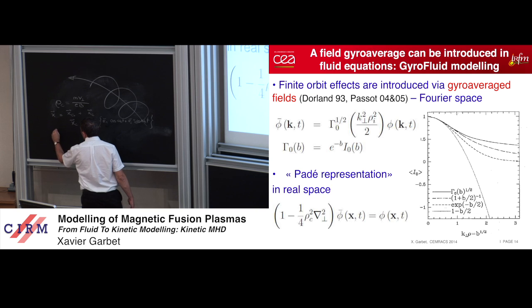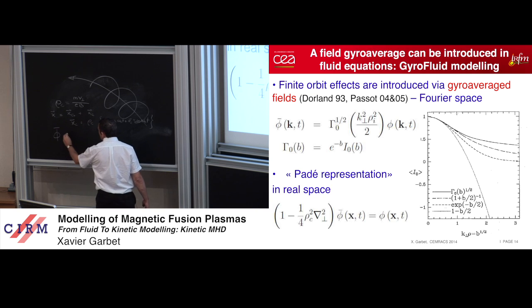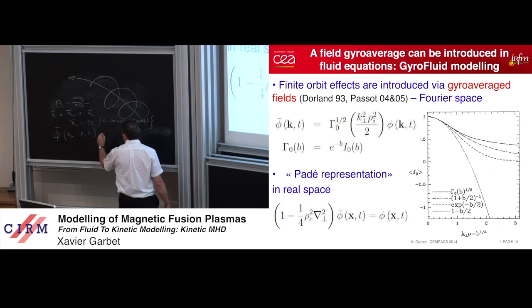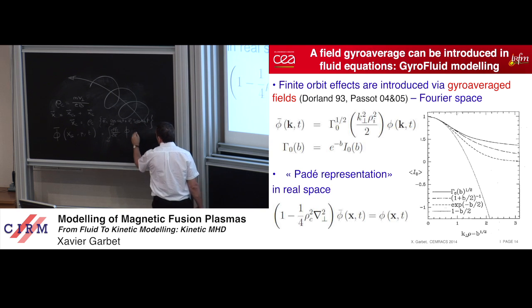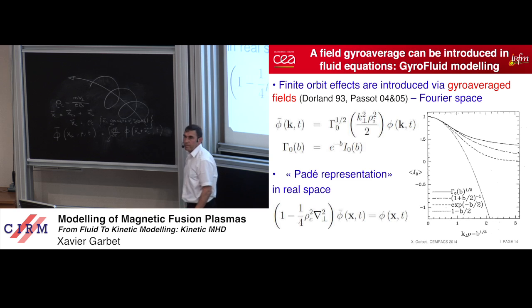The gyroaverage of phi, in the simplest definition you can imagine, is a function of x_j and mu, or v perp if you prefer, times t, and it is the average over the cyclotron phase of phi, the actual electric potential, of x_j plus cyclotron motion in time, right?